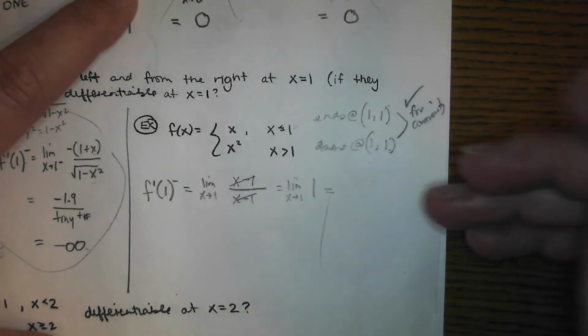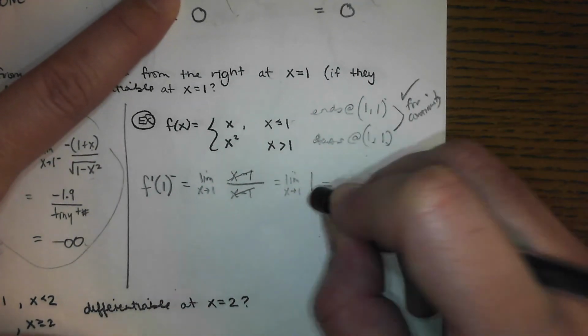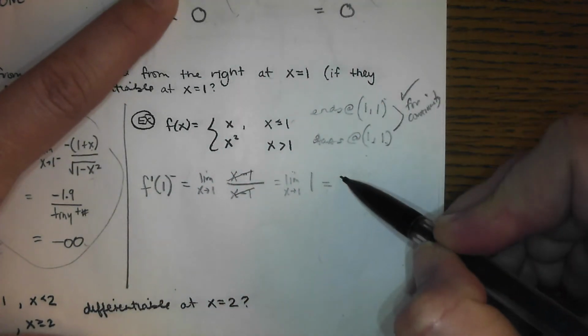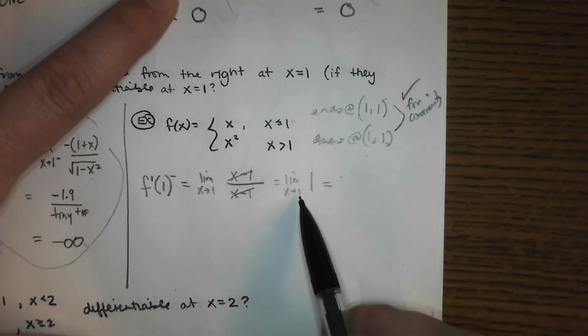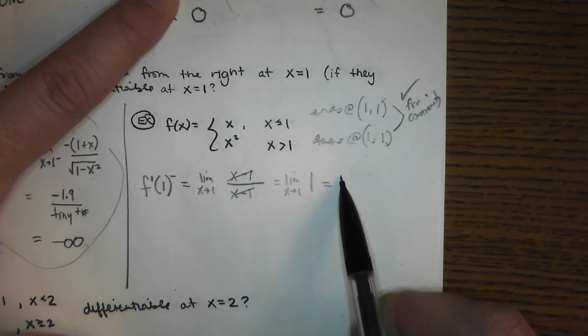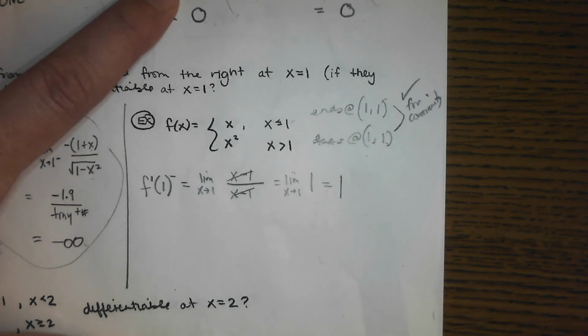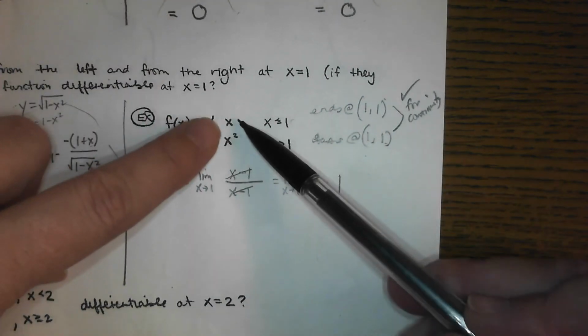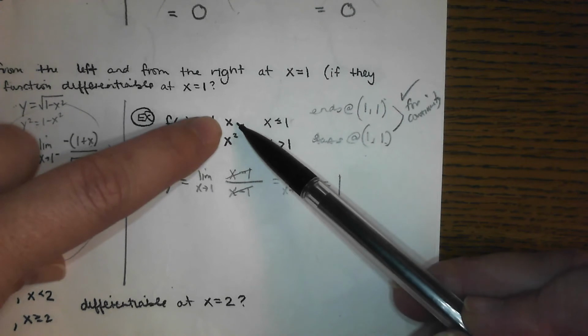So what is the limit of the function 1 as x approaches 1? What happens if I plug a 1 in for the x's that are here? What will I get? 1. Okay? So wherever this graph leaves off, at that moment in time, it had a slope of positive 1.